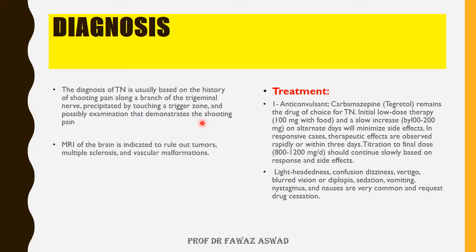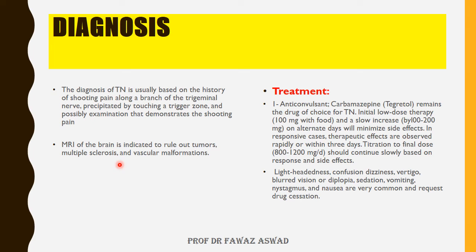The way that we could make a diagnosis is also by medication, and here Tegretol is considered to be the drug of choice. The initial low-dose therapy starts with 100 milligrams, and sometimes we increase the dose, sometimes even reaching 800 milligrams per day.